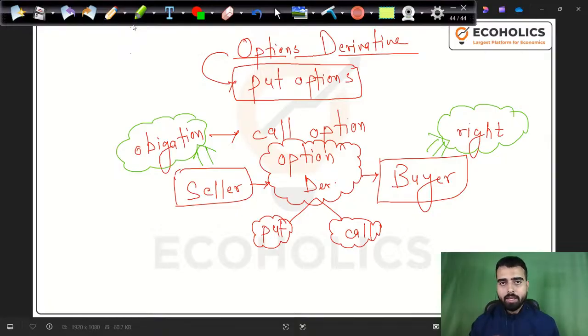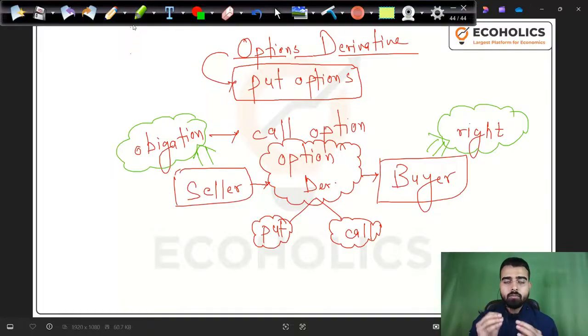If as a buyer I am purchasing a put option from a market, please listen to me carefully. If as a buyer I am buying a put option, it means I am buying a right to sell a specific commodity at a specific price.